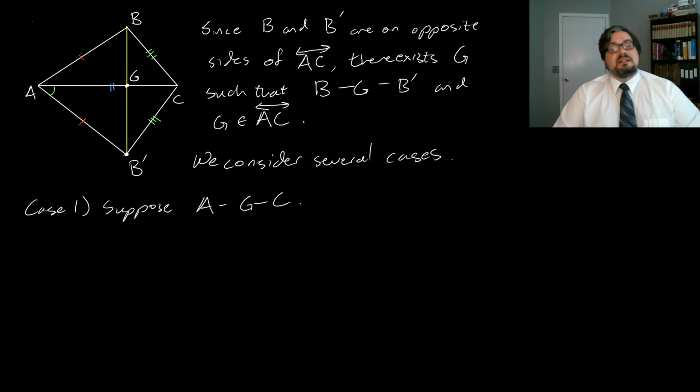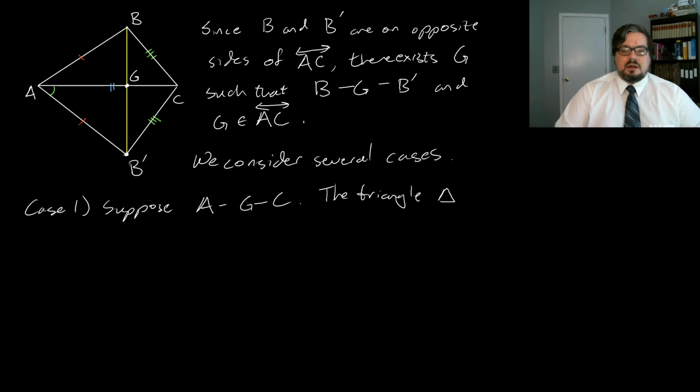Now, that means that we need to find some triangles that are isosceles, which means that we need to use a triangle with the red segments as sides, and the green segments as sides, because those are the ones that we know are congruent to one another. So, the triangle ABB prime is isosceles.